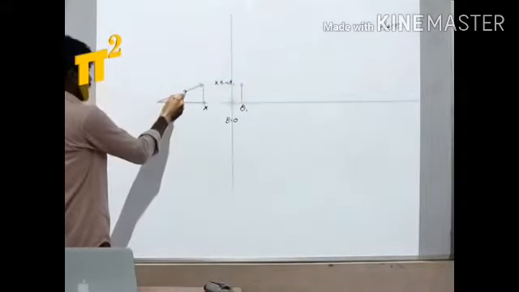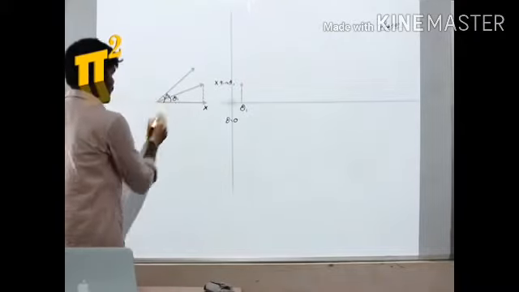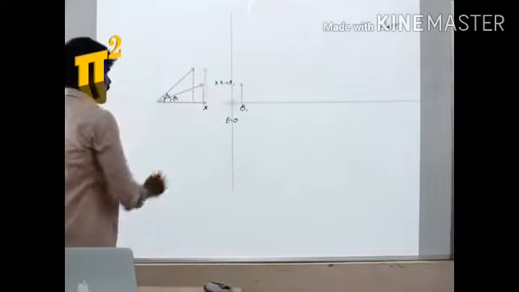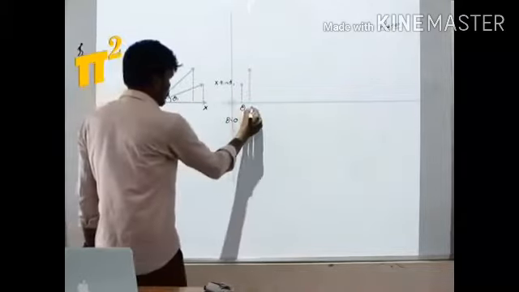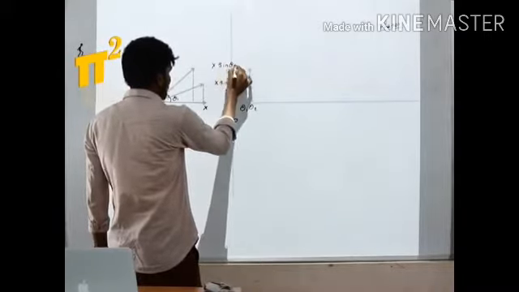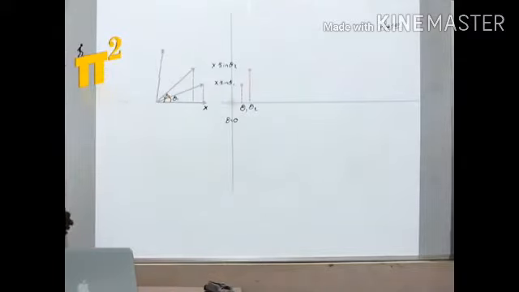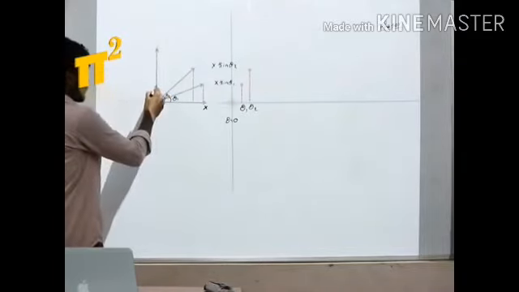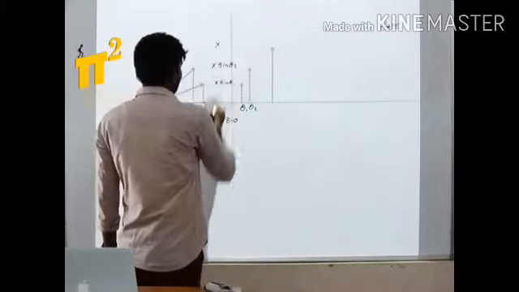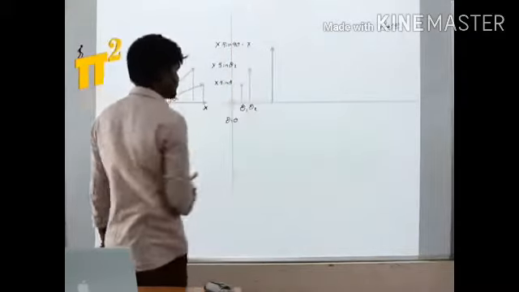If you rotate further, let's take another instant, theta 2. Here the magnitude at theta 2 is x sine theta 2. Let me take another instant, 90 degrees. The magnitude is x sine 90 degrees, which is equal to x.